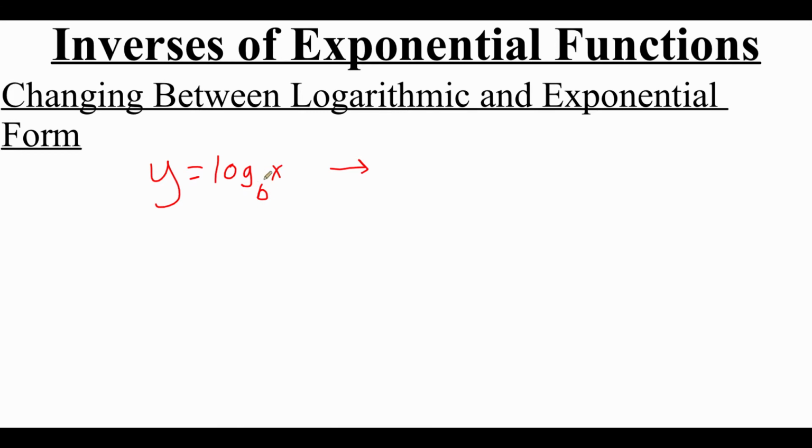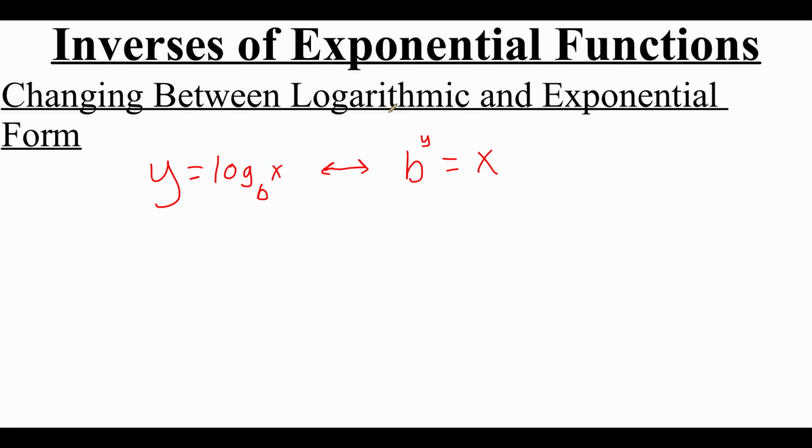What we do is we grab the base of the logarithm, that becomes the base of our exponential. This y value goes up as the power on that base, and the x value is what our exponential function is going to equal.